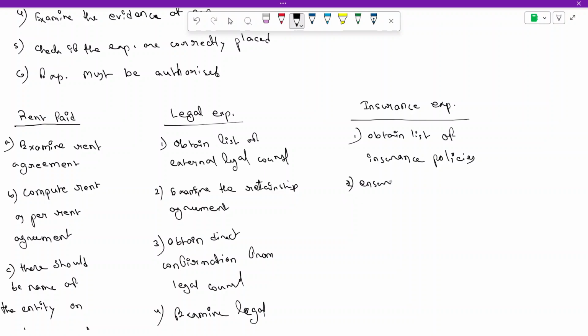Ensure that the insurance policy is in the name of the entity.